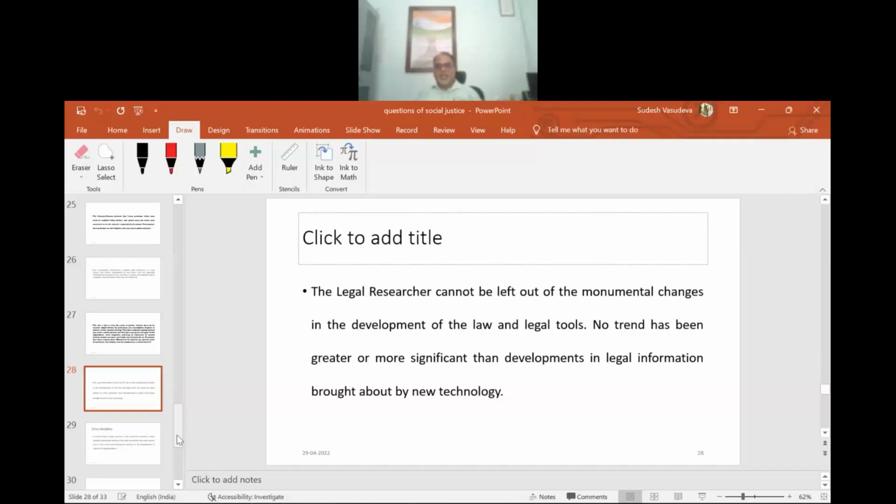Access to justice is also part of social justice. Access to land titles, etc. So technology in today's context has an important role to play to fulfill the claims of social justice and equality.